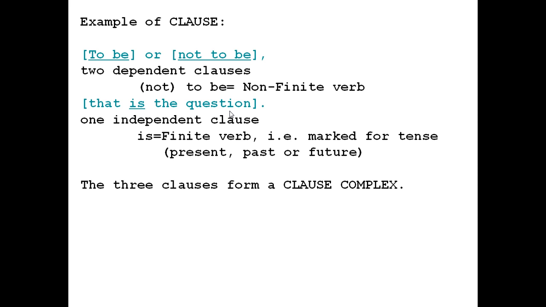So if we take them all together, they will form a clause complex, not a sentence. Some traditional grammarians will call that a sentence, but in functional grammar we call this a clause complex consisting of three clauses, two of which are dependent and one is independent.